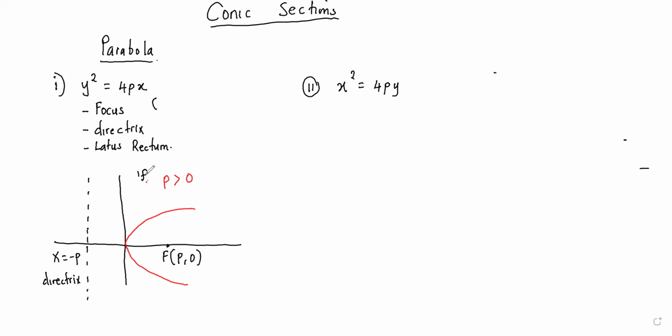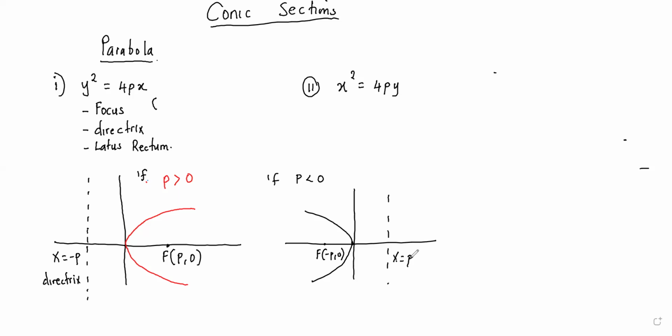And so if p is negative, then we'll have it on this side with the focus at negative p comma 0 and the directrix at x is equal to p, if p is negative.